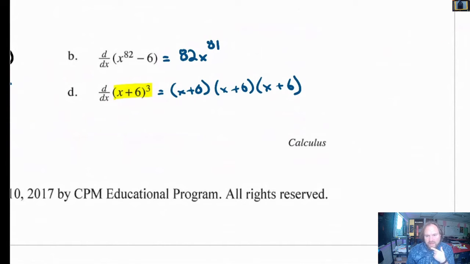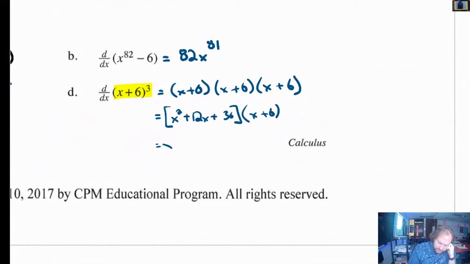What we're going to do is expand this all the way out and then do the power rule. So this would be x squared plus 12x plus 36 times x plus 6. And this would be x to the third plus 12x squared plus 36x plus 6x squared plus 6 times 12, holy God, 72x plus 216.